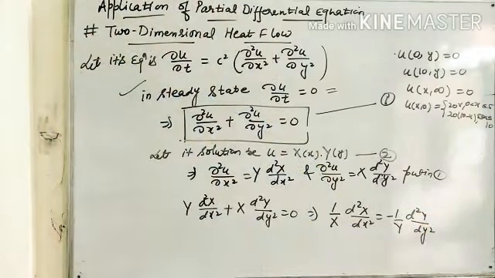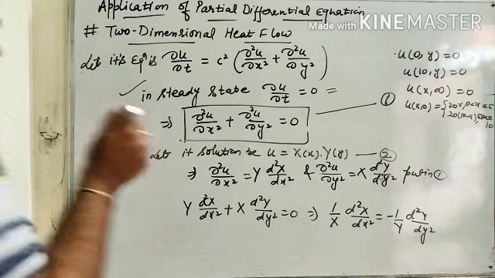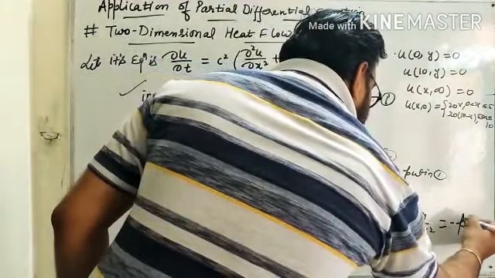Now we have to let it equal to k, and k has three different cases. One is k less than 0, second is k equal to 0, and third one is k greater than 0. And we always know the most appropriate solution arises when k is less than 0, that is k = −p². So we let it equal to −p².